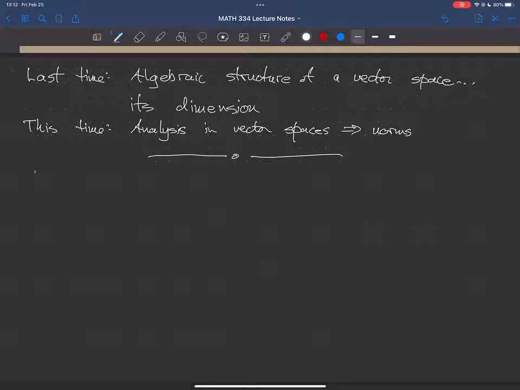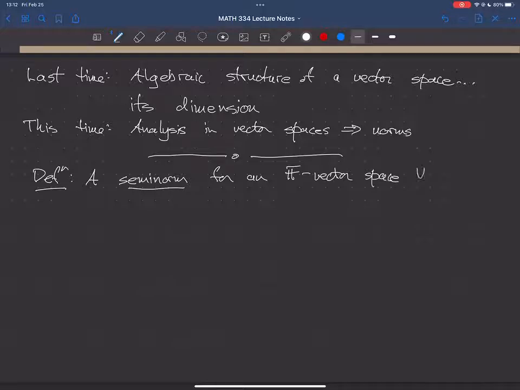So first, let's recall what a norm is. So I mentioned we're going to look at a mild generalization, and so that's what I will do. A semi-norm for an F vector space V is a mapping.